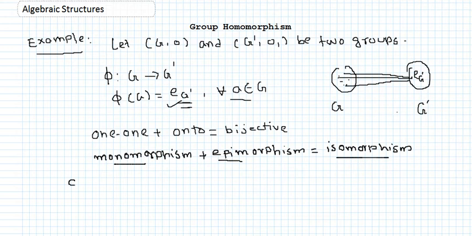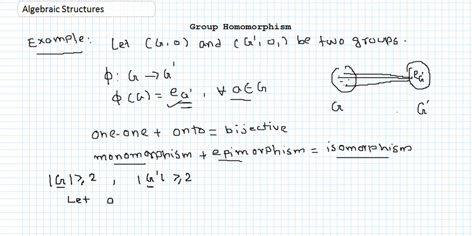Suppose G is a group with more than one element, and the order of G' is also greater than or equal to 2. So our group contains not only the identity element but also a non-identity element.